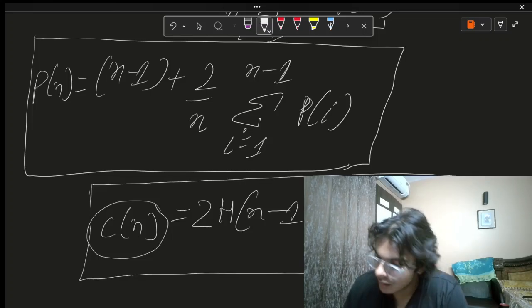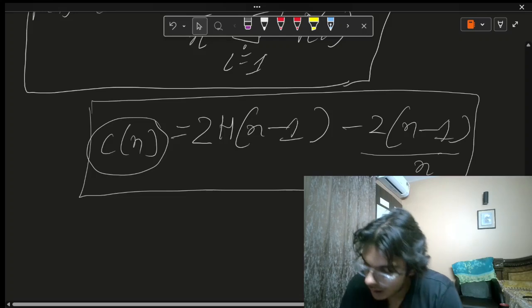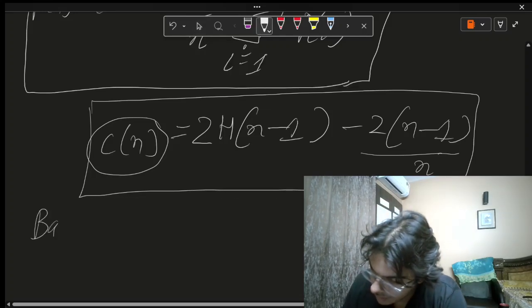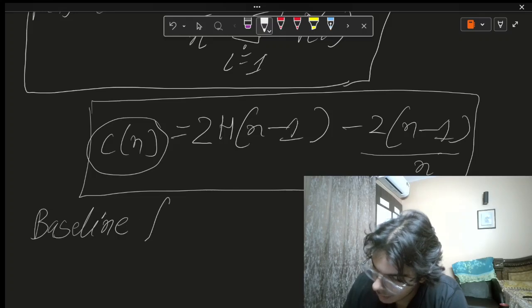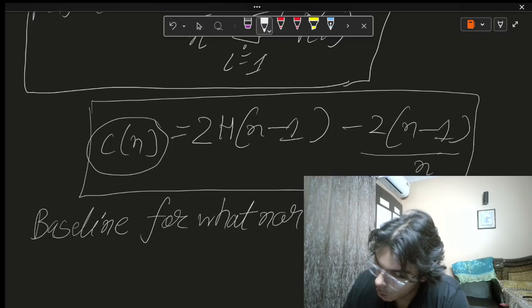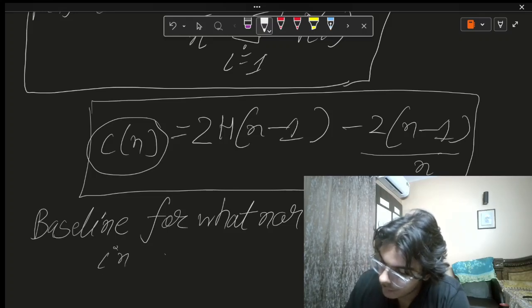Cn is nothing but the baseline value. If I write it again, Cn is the baseline for what normal looks like in an I tree.